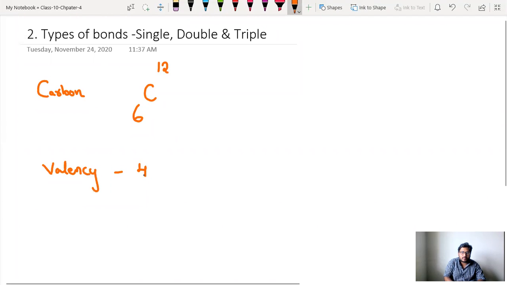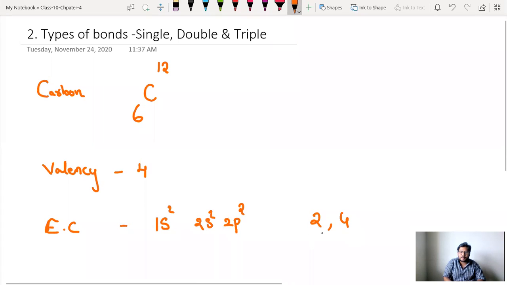is 4. While coming to its electronic configuration, you can write either 1s2, 2s2, 2p2, or you can represent it as 2, 4.